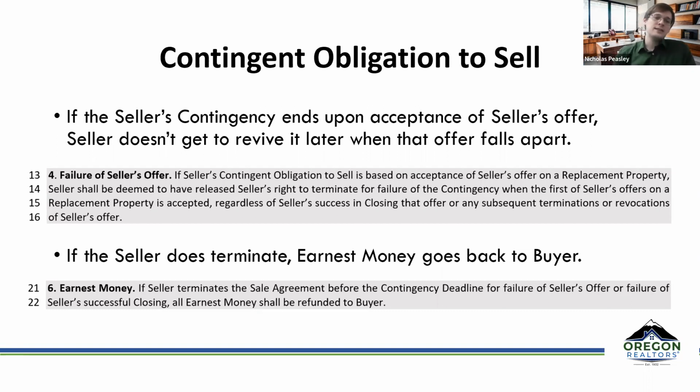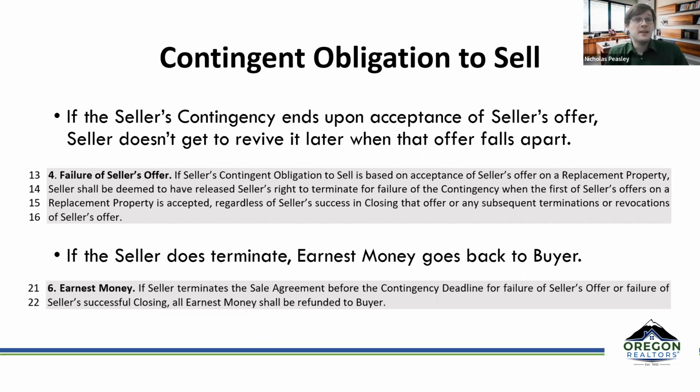The last thing to point out is if the seller does terminate for whatever reason during this contingent obligation to sell, earnest money goes back to buyer. There are some situations where this could be different. For example, if the buyer is in default, the buyer has done something truly egregious and wrong, there could be arguments that the parties can have that the seller is entitled to the earnest money. But generally speaking, if the seller is terminating because of the contingent obligation, earnest money back to buyer.